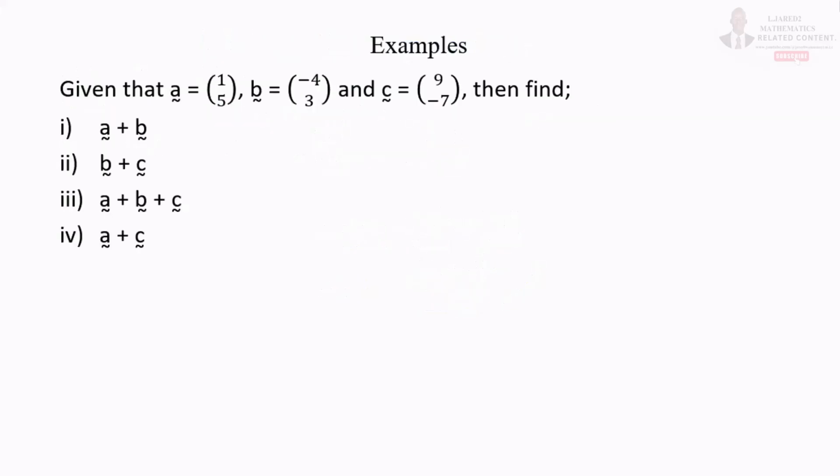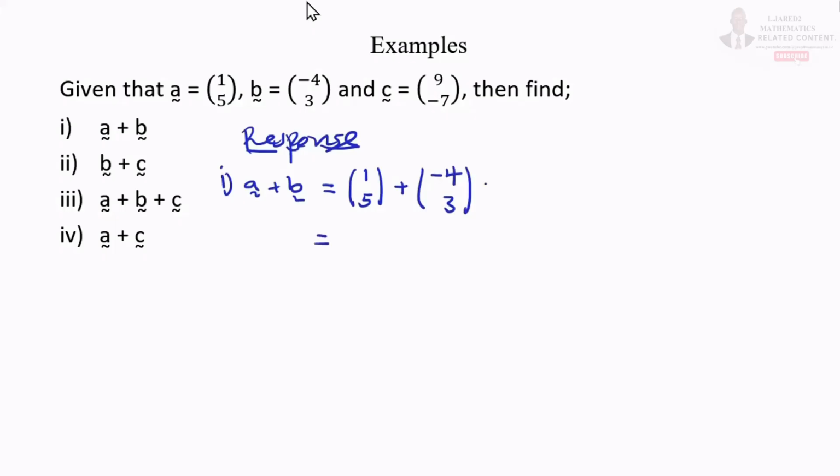Given that vector A equals 1, 5, vector B equals negative 4, 3, and vector C equals 9, negative 7, find Roman number 1, vector A plus vector B. For Roman number 1, they are asking us to get the sum of the vectors, which is vector A, 1, 5, plus vector B, negative 4, 3.